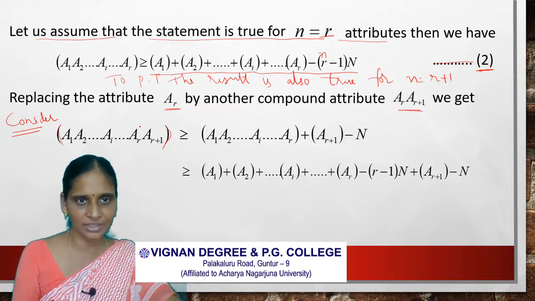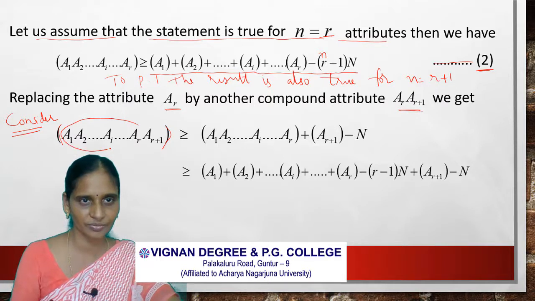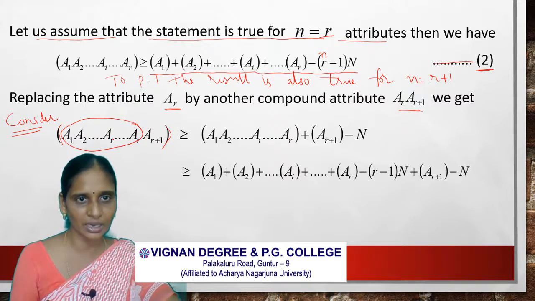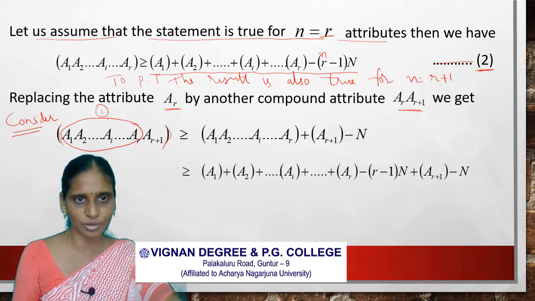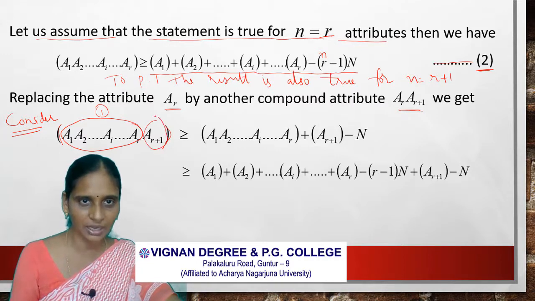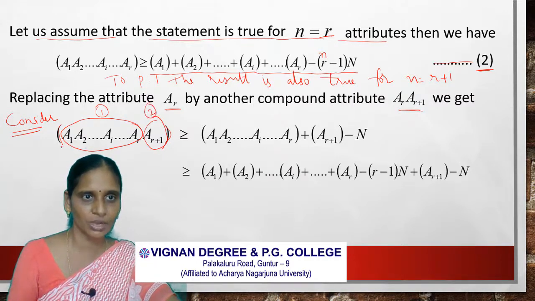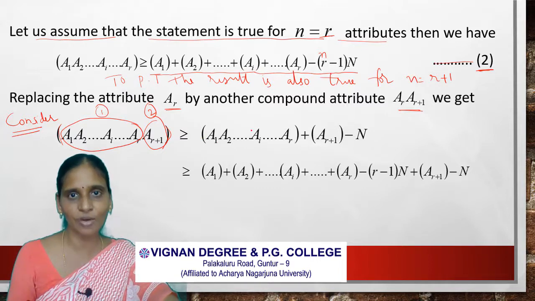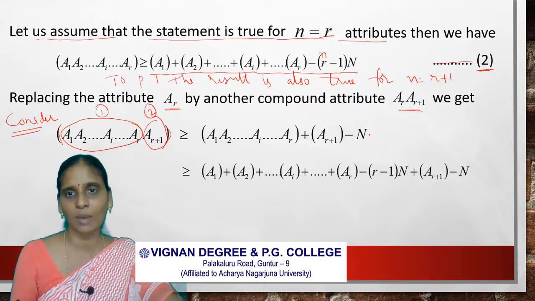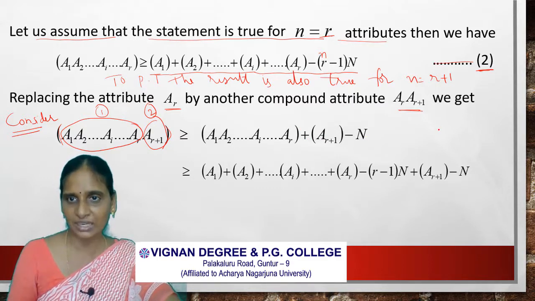This is the first group, that is a1, a2, ai and so on ar. We treat this as the first attribute, and ar plus 1 is treated as the second attribute. So class frequency of two attributes can be written as frequency of first attribute plus frequency of second attribute minus n. This condition is taken from the first equation.